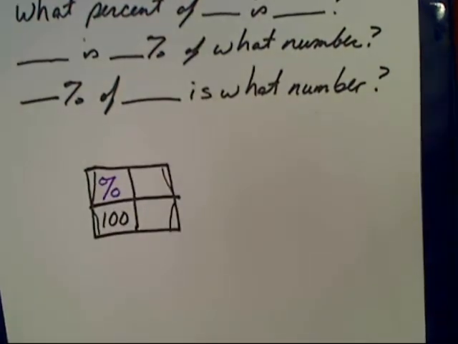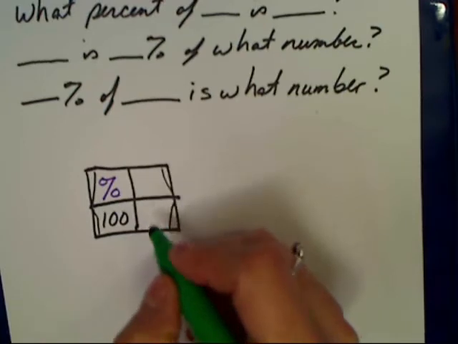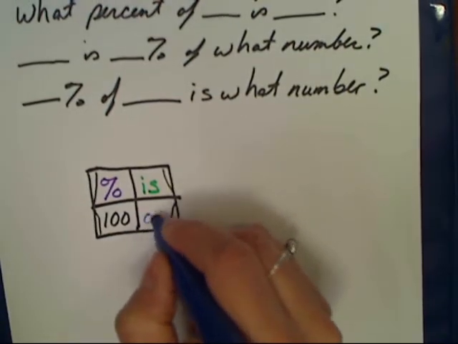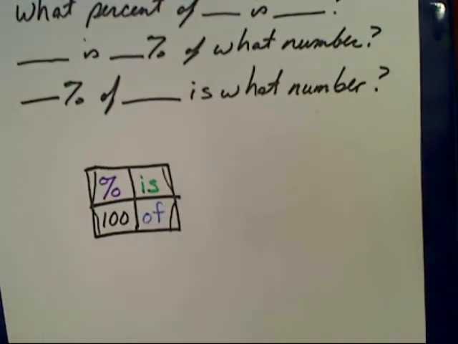And then if you really were careful in reading the problems, there was always this is and this of type of number. Well, the is number goes on top and the of number goes underneath it. It's alphabetical. Okay. That's the simple little setup of the box. Okay. That's where everything goes.